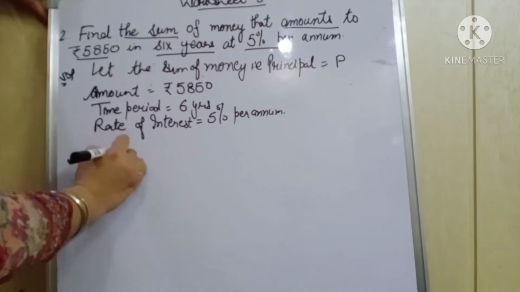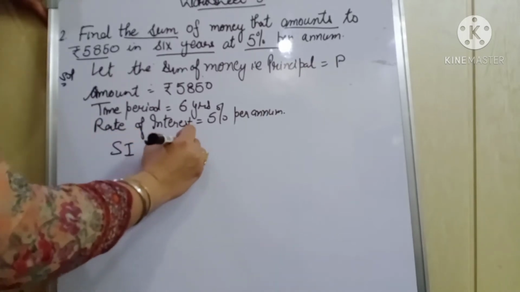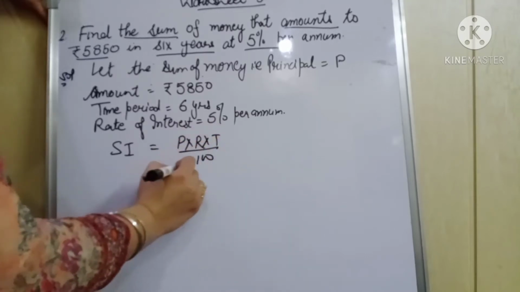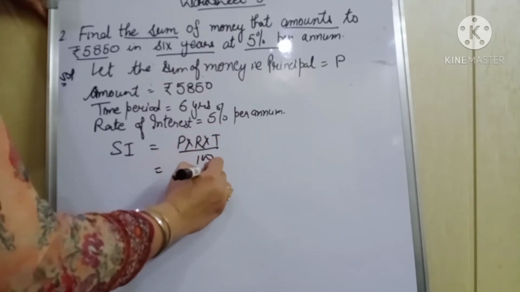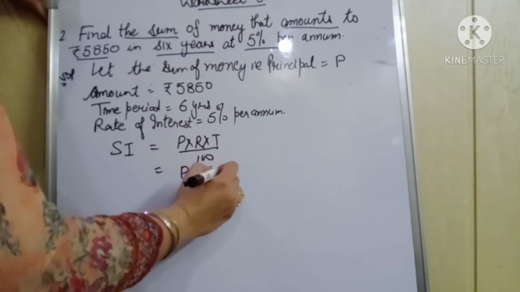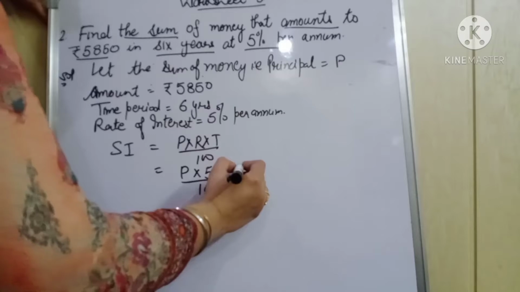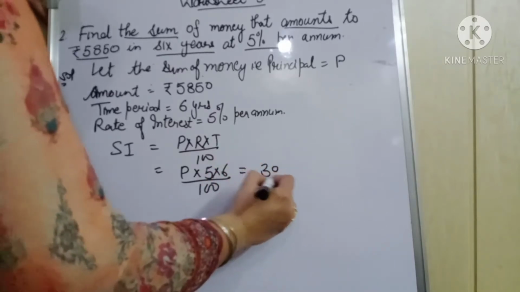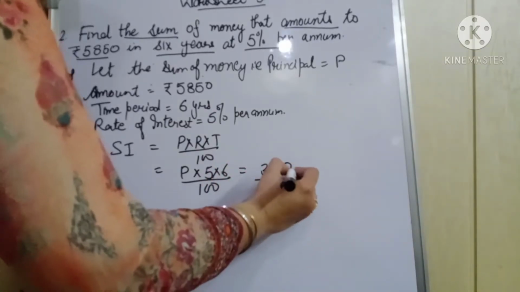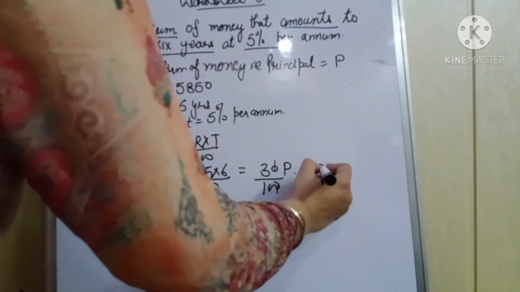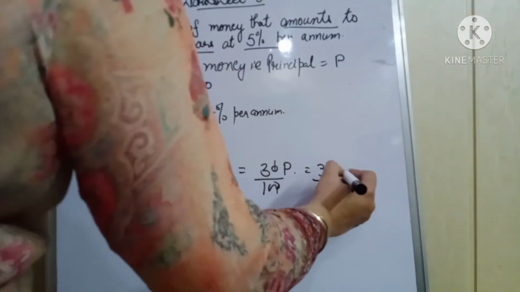So first of all, we are going to find the simple interest, P into R into T by 100. P is the principal, rate is 5%, time is 6 years, upon 100. So what you are getting, 30 by 100 P, or you can say 3 by 10 P.